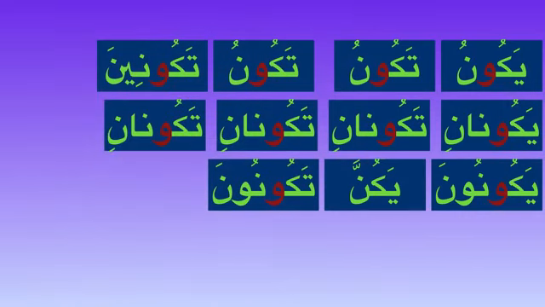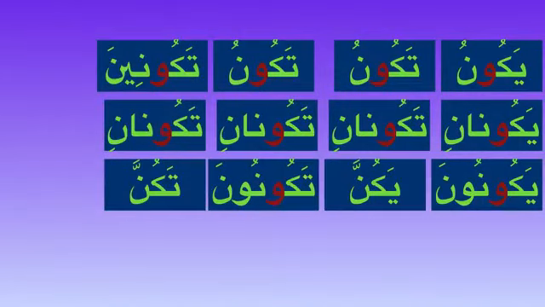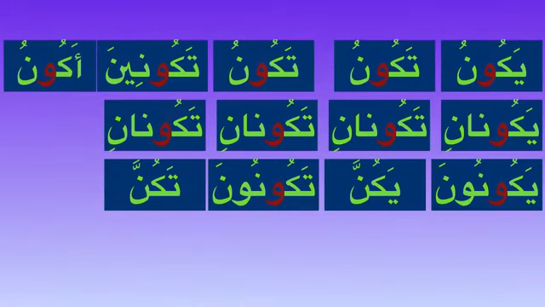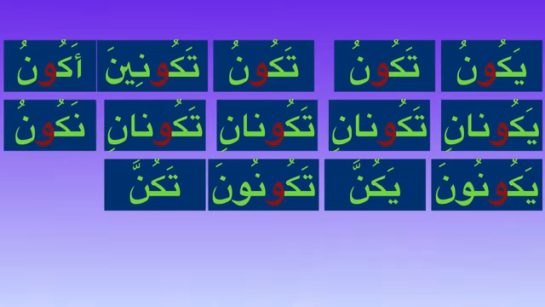And again takunani, you both female are. And takunna means all of you females, you are. Akunu means I am. And nakunu means we are. So this is how the conjugation is done with the weak letter. With hunna the weak letter is dropped, otherwise it is retained in other forms of the verb.